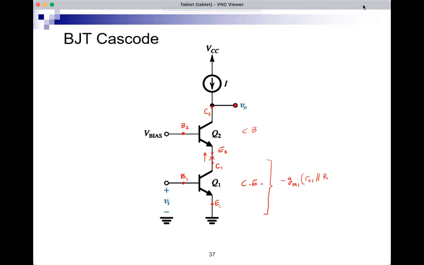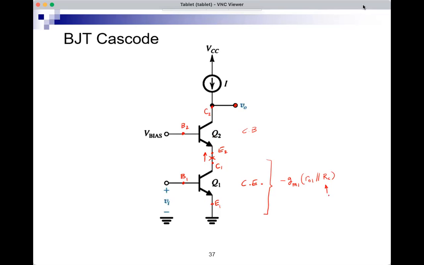Let's call it RC. So RC is whatever appears between the collector of Q1 and ground. In this case, what do I have between the collector of Q1 and ground? I have just the input resistance of Q2. So this here is the resistance seen looking into the emitter of Q2.